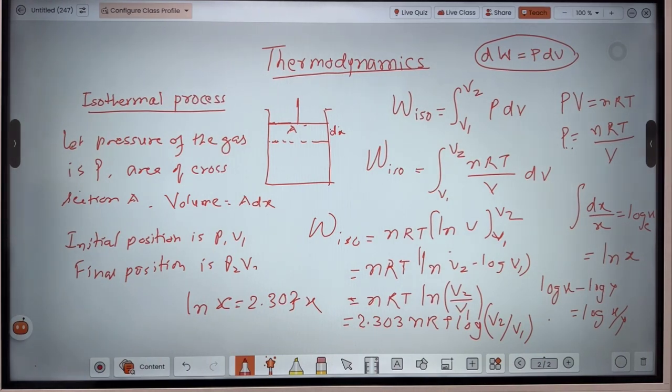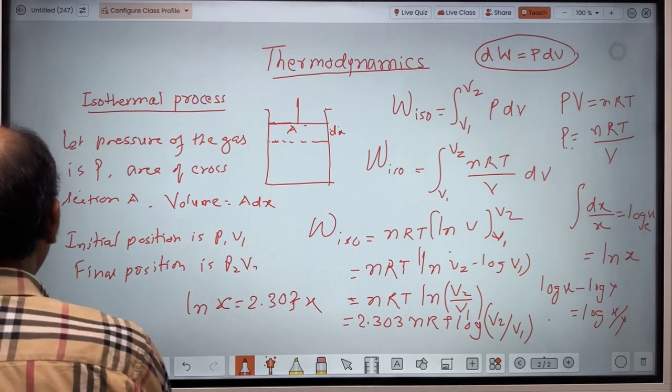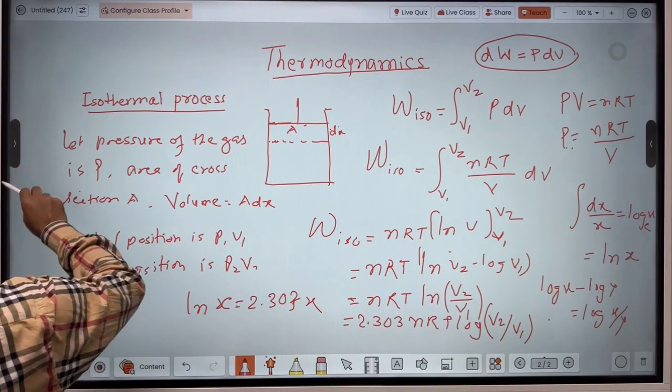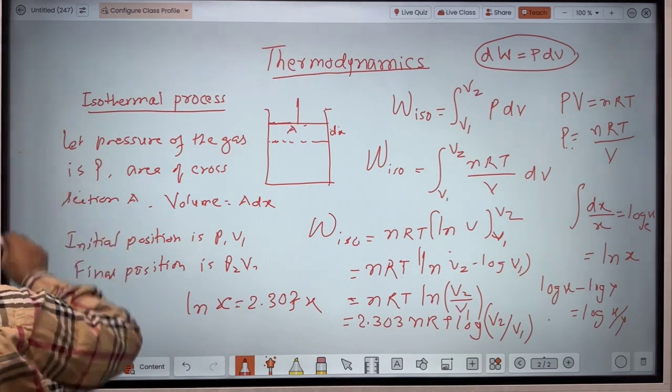Now we are going to see work done by adiabatic process. So in case of adiabatic process, what happens?